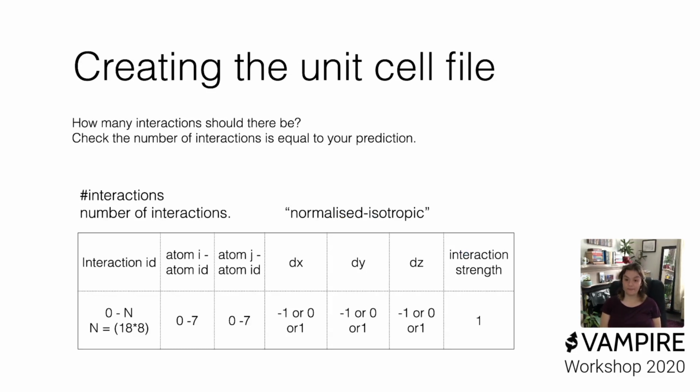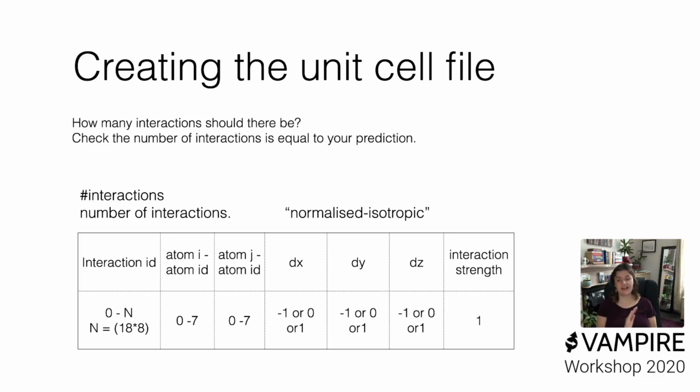So the next column is interaction strength. So we're using a normalized interaction. So this means that all of the interaction strengths have to go between 0 and 1. So you set the interaction strengths in the material file, so that's the .mat file, and then you just set the strength of the interaction compared to the value that's in the .mat file in the interaction strength column.